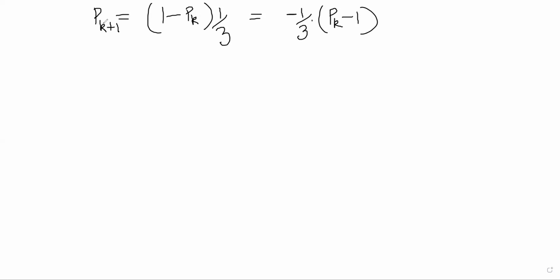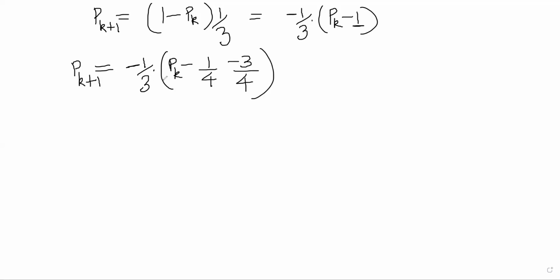So I can just put Pk plus 1 here and expand it a little bit. So minus 1 by 3, I will break apart the 1 and use Pk minus 1 by 4 minus 3 by 4. You'll realize why I'm doing that, because when you multiply minus 1 by 3 with minus 3 by 4, it will become plus 1 by 4.